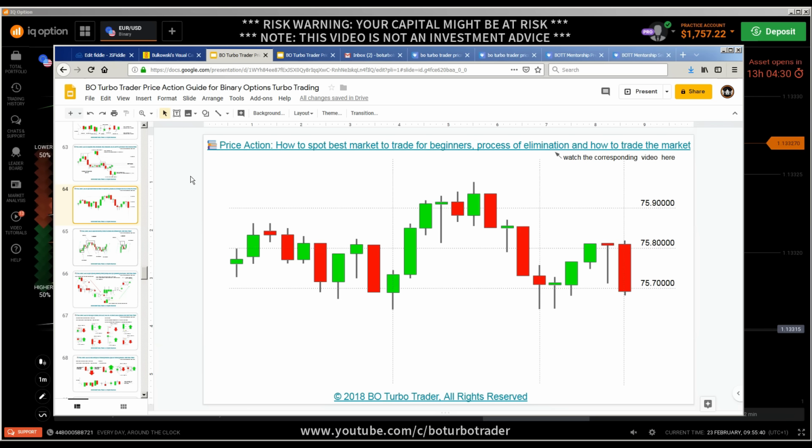Let me draw an arrow so that you understand the concept about breakouts. It's important. So let me see. This distance here. This distance here is a double, two times that.